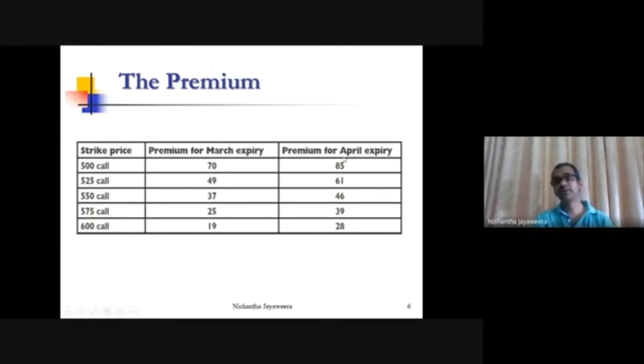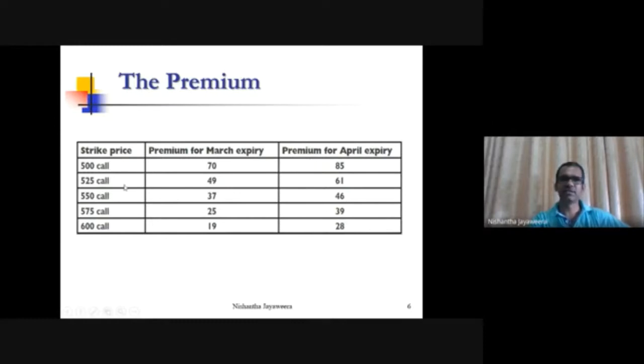The premium for April expiry is 85. Just a 1 month extension, you can see a difference of 15 there. And you can see for the same strike, but two different maturities, the longer the maturity, the higher the premium.